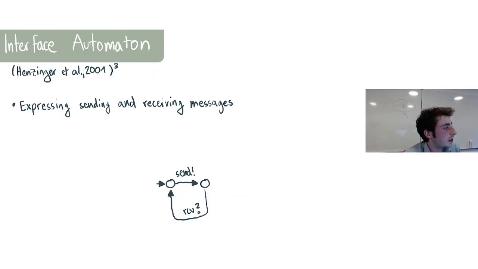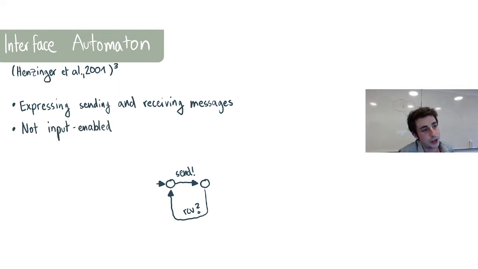What we are taking for a semantic model is something called an interface automaton. An interface automaton is a finite state machine, but it expresses the sending and receiving of messages, and that is quite what we want for expressing microservice functions.